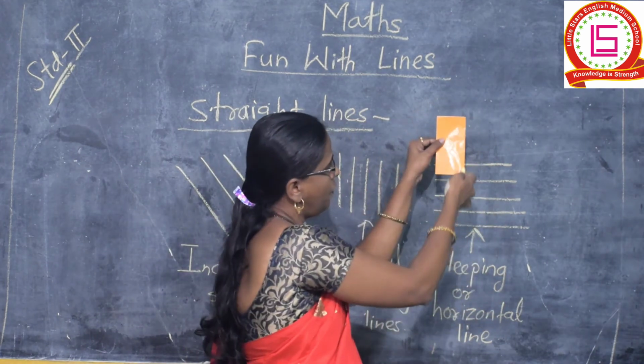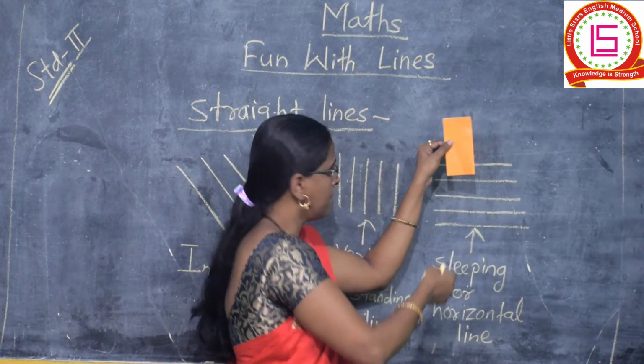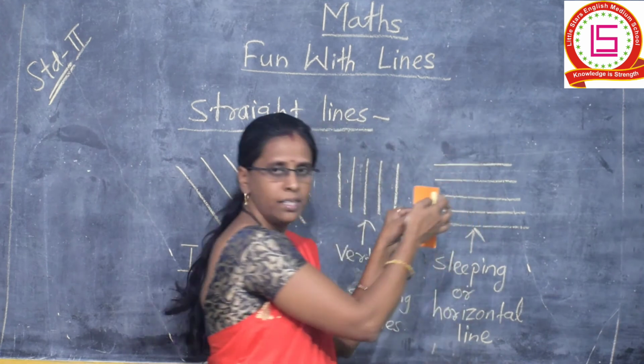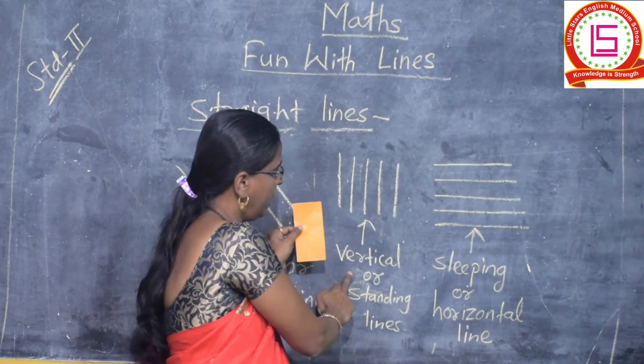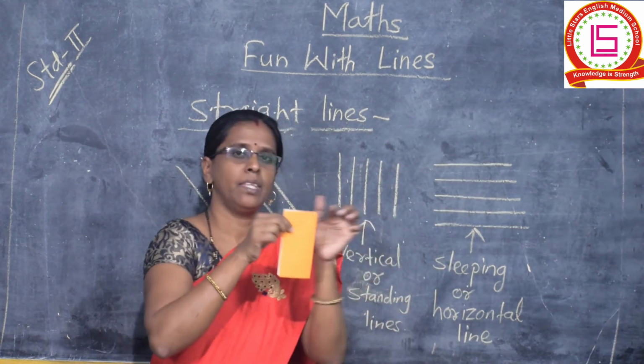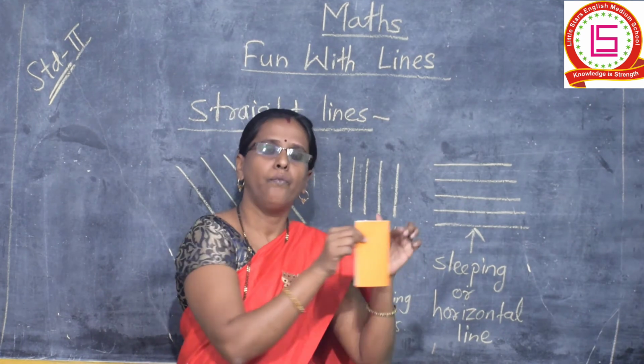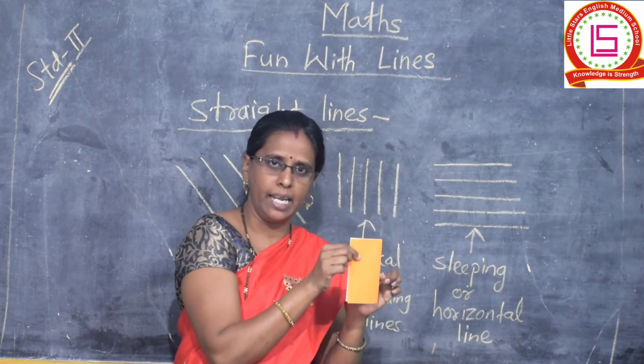these lines are formed. See here, this line is called vertical or standing line.